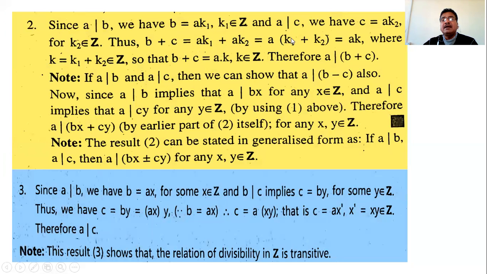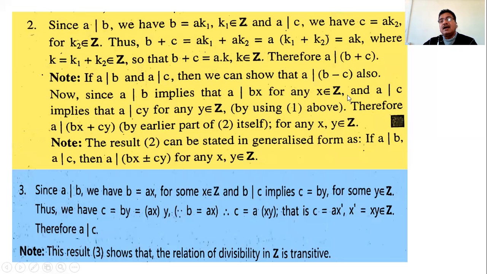What we have in the bracket is K1x plus K2y, and indicate this K1x plus K2y by K. Obviously this K1x plus K2y is an integer, because K1, K2, x, y are all integers, and addition and multiplication of integers is an integer. Then Bx plus Cy is expressed in the form A into some integer, which means A divides Bx plus Cy.